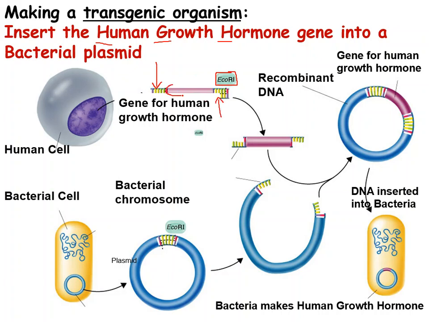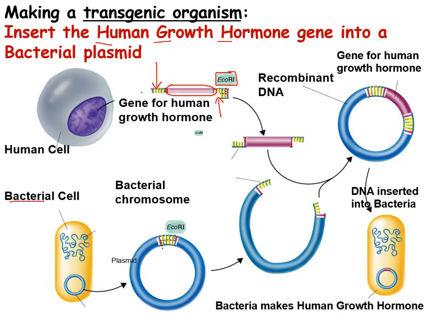This purple section right here is the gene. So we cut on both ends. We have a piece of DNA here, and we take this DNA and we just set it aside. We just put it off to the side for a second.